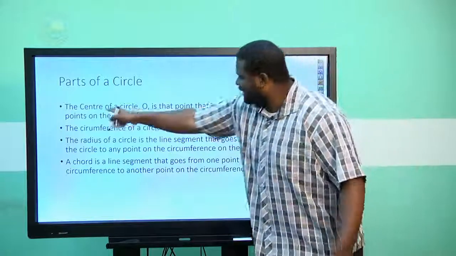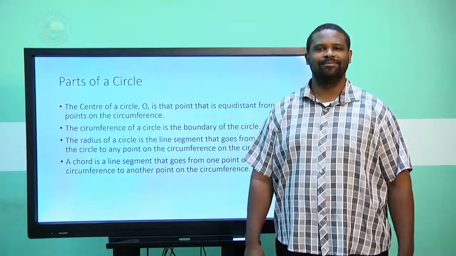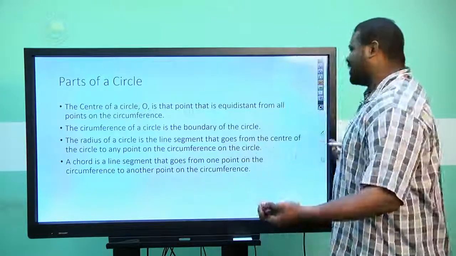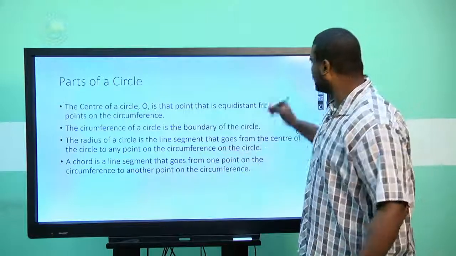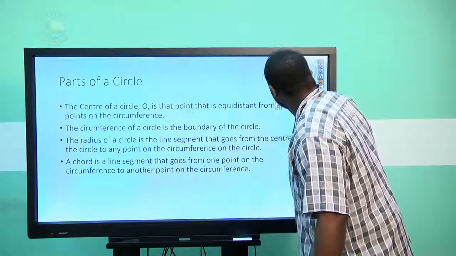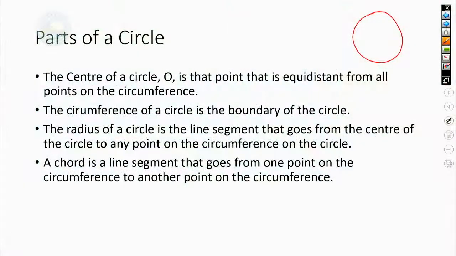So when we say the center of the circle, we mean the center of the circle. The center of the circle is that point that is equidistant from all the points on the circumference. So if we have a circle here, again, we're pretending it's a proper circle for now, the center of the circle is that point in the middle of the circle that is an equal distance from any point on the circumference.